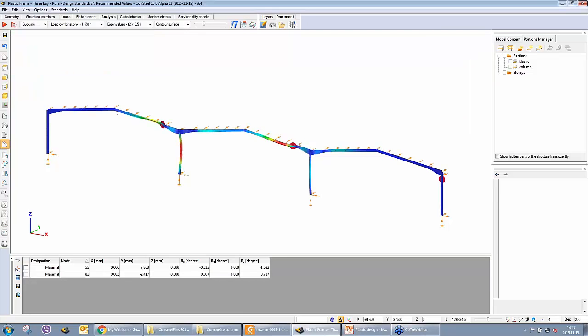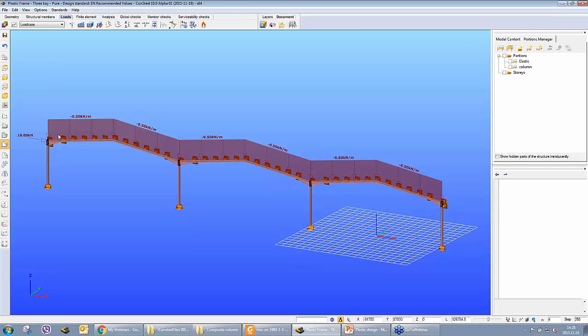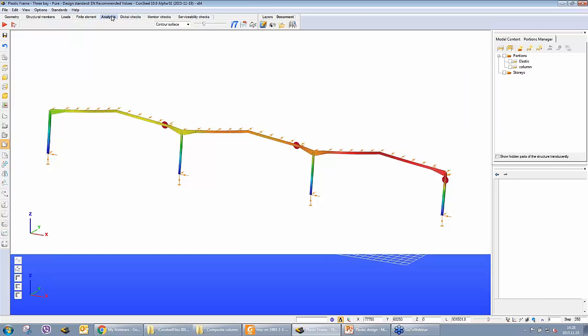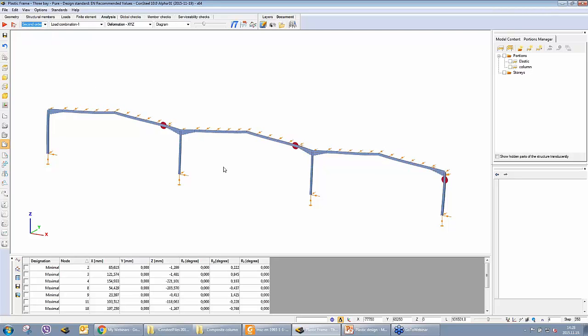Considering this sway has some effect on the behavior, but not really very relevant, because we have already this horizontal force as well, and we saw that even this horizontal force made a quite huge second order effect.